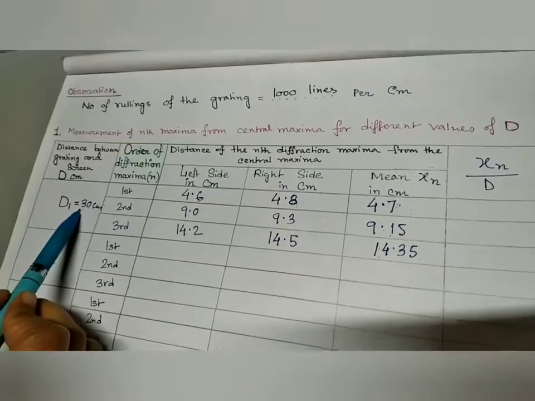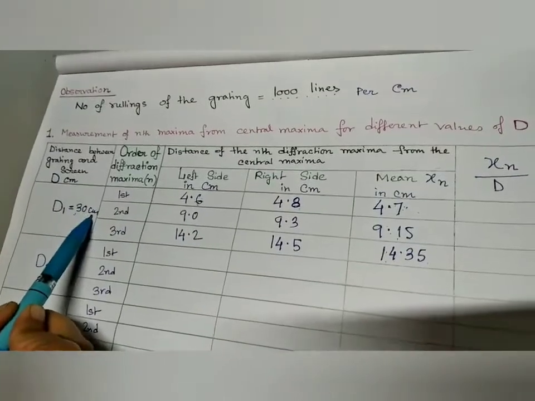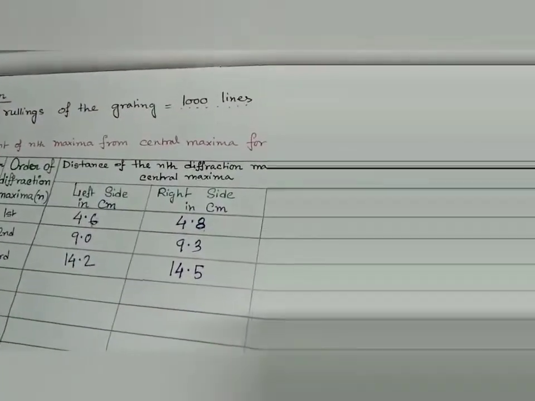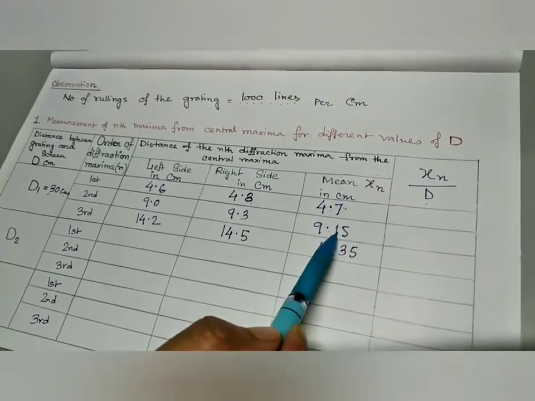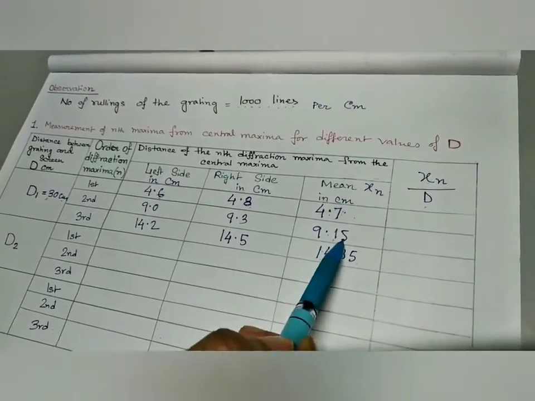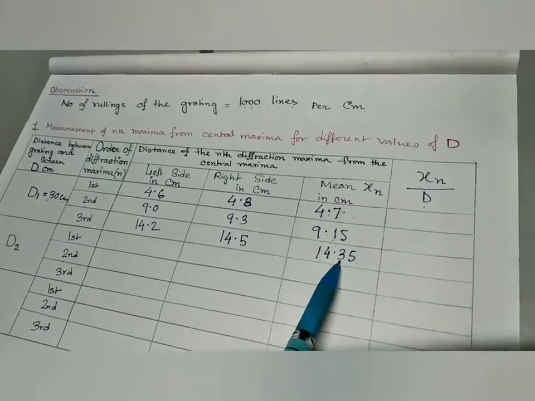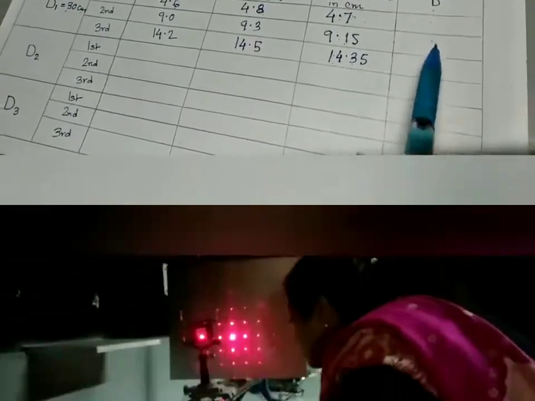So for the distance D1 equals 30 centimeter, the last column is xn by D. That means this value divided by 30, this value divided by 30 and this value divided by 30, written over here. Now we need to change the position of the grating for the second one.